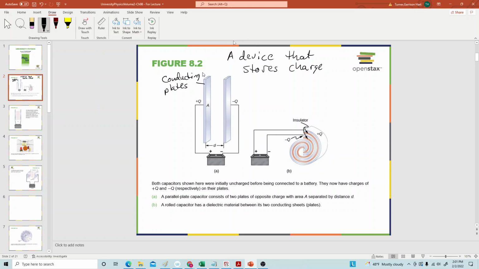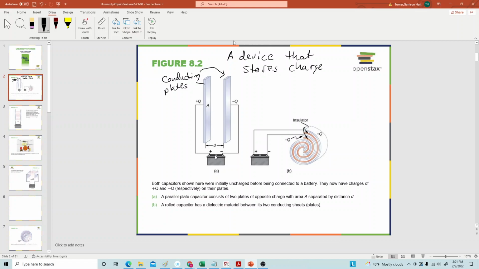So you connect two conducting plates to the ends of a voltage source like a battery, and charge will flow from one plate to the other. Okay, now in a capacitor as shown, this process is nearly instantaneous.